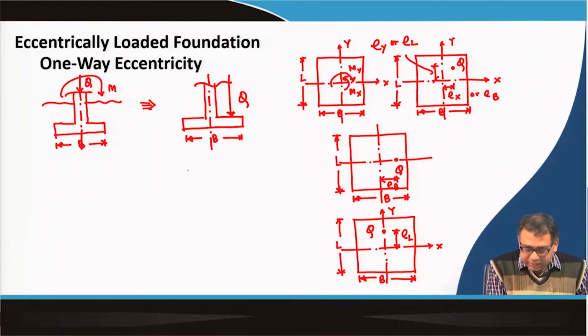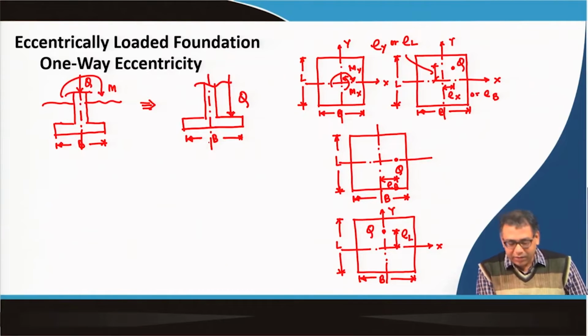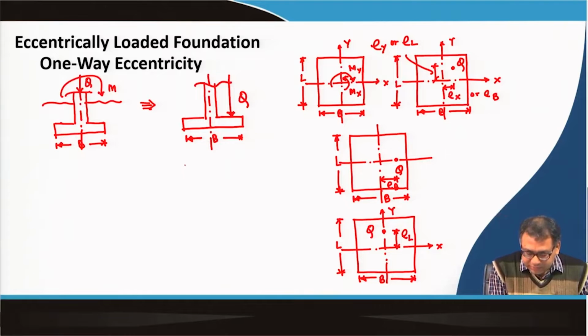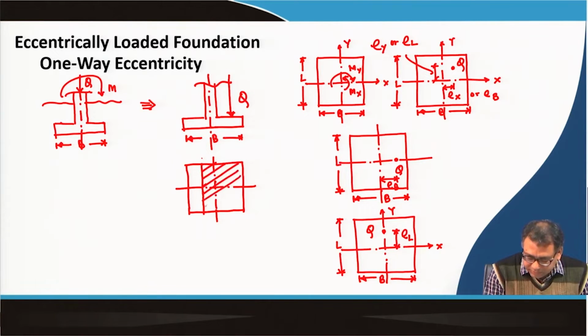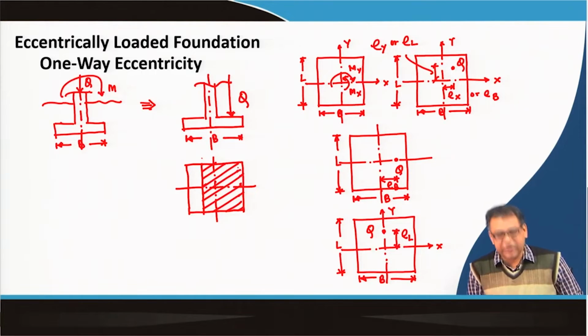Finally, as the loading is acting away from the center, the effective area of the footing will decrease. This is the center, and the hatched portion will now be the effective area in this case, because here the eccentricity is in the width direction.